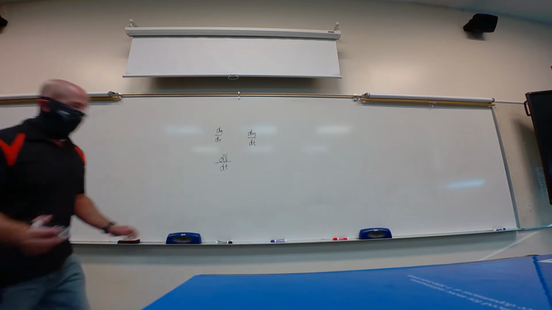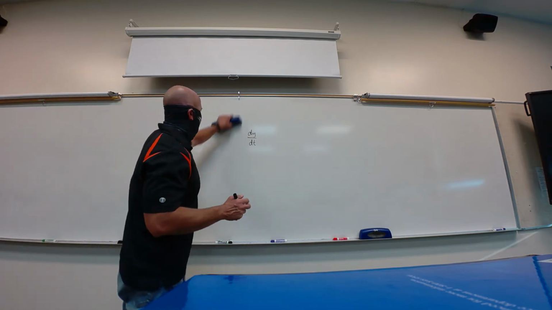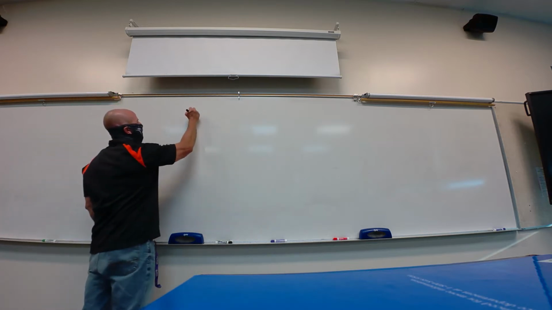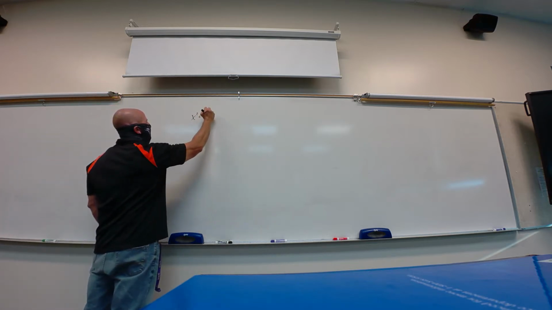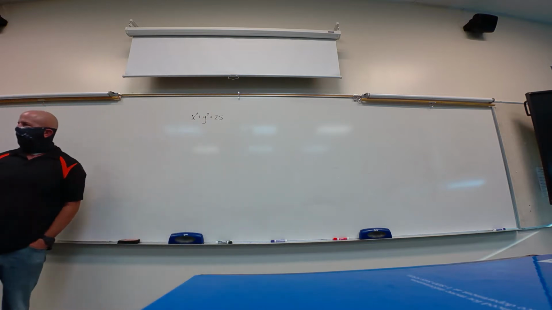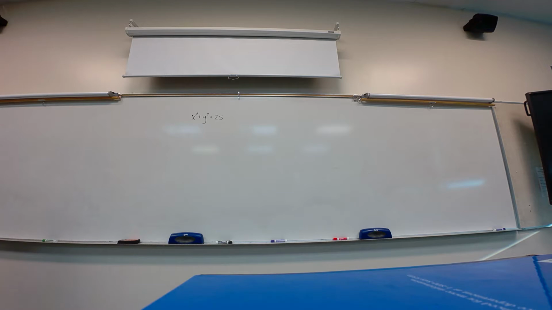Okay. So I'm going to give you a similar problem that we saw last time. Let's go with x squared plus y squared equals 25. So we saw this. Notes, saw it in homework. Circle problem here. And this is the way I'm going to write it.